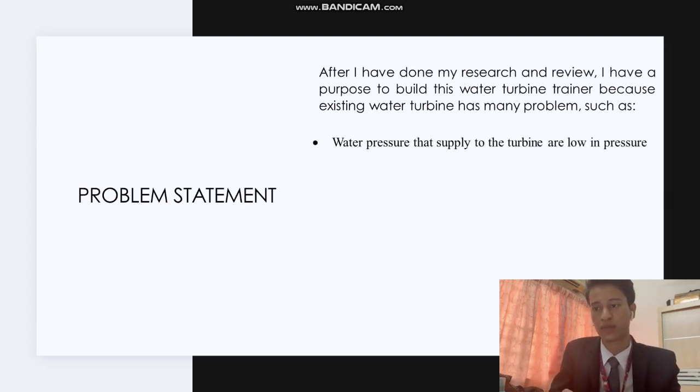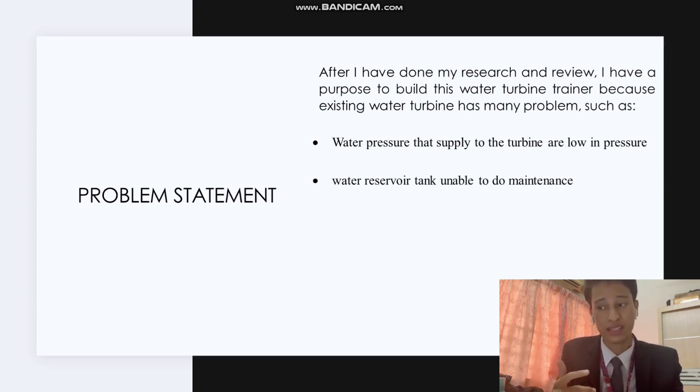Such as the water pressure supplied to the turbine is low, because previously there was no nozzle to provide consistent high pressure to the turbine. Secondly, the water reservoir tank is unable to be maintained. This is because the previous one was soldered and attached to the trainer, making it almost impossible for the user to do maintenance.